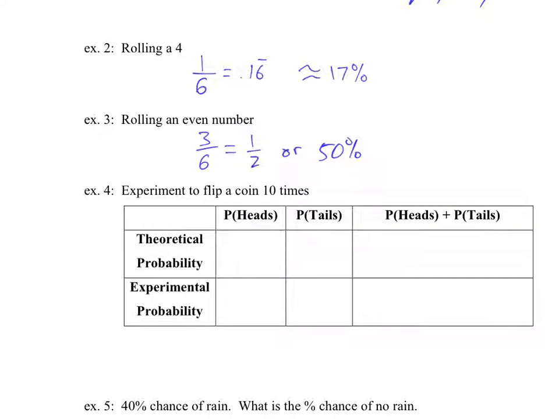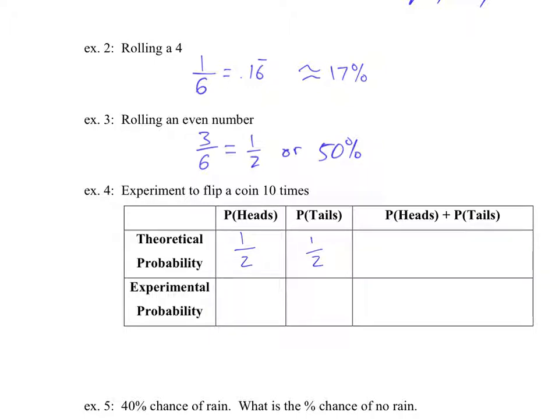So let's say we have this experiment to flip a coin 10 times. The theoretical probability would be, well, this notation right here is saying what's the probability of it landing heads? It should be, I'm just going to do a fraction and say 1/2, right? So 1/2. The probability of it landing on tails would be 1/2.